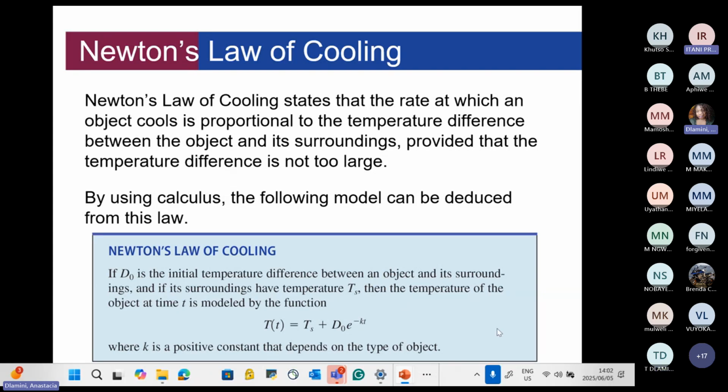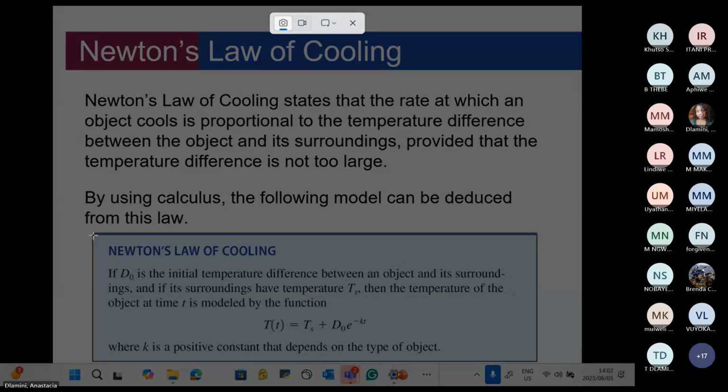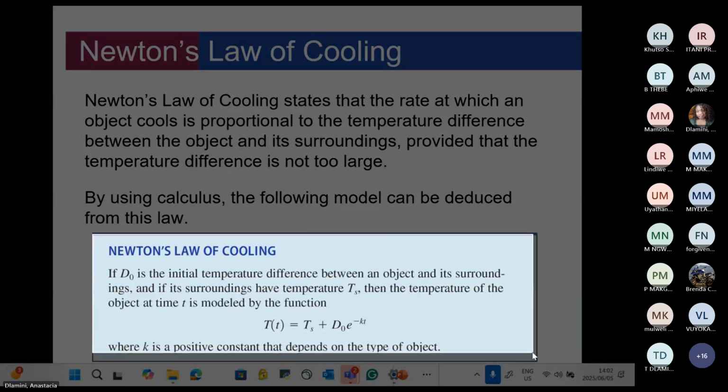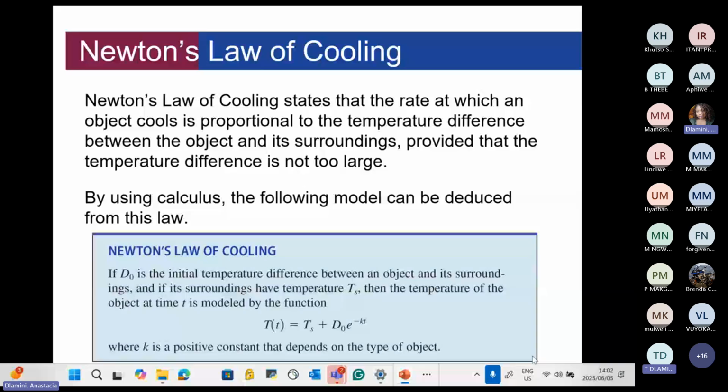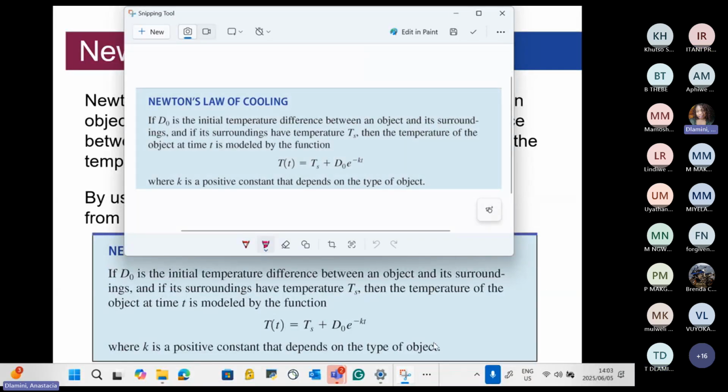So, object. Straight into an example. Okay, I need my information, which is this one over here.